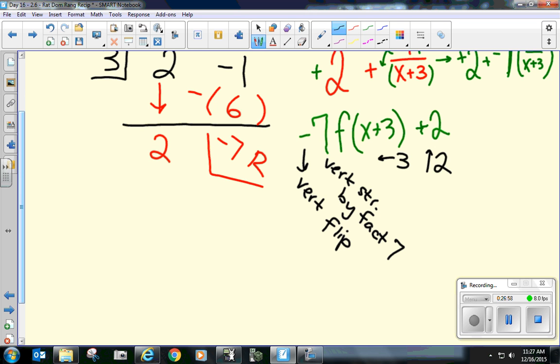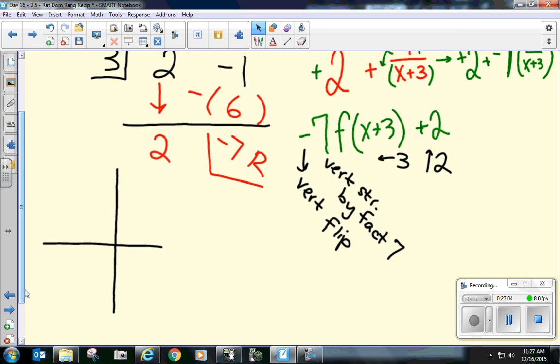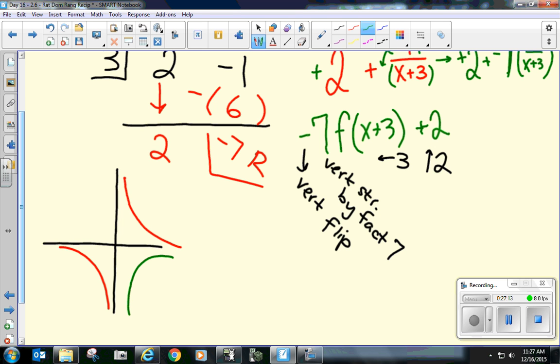It's nice. So, I'll just do a little sketch right here. This is 1 over x, our reciprocal. It is going to flip, so it'll flip down like this, and this one will flip up like this. The red will flip to green. It will stretch by 7. I can't really show the stretch, you'll see on the graph.